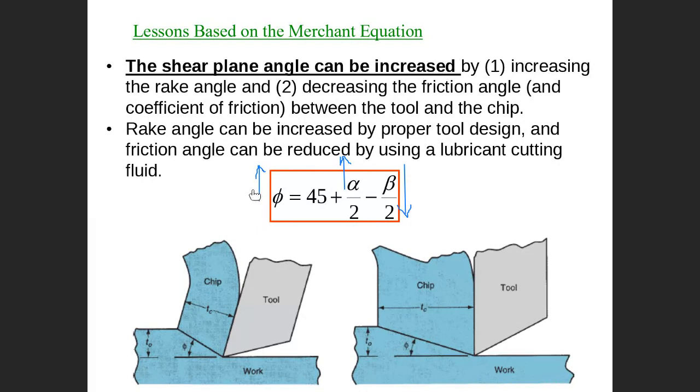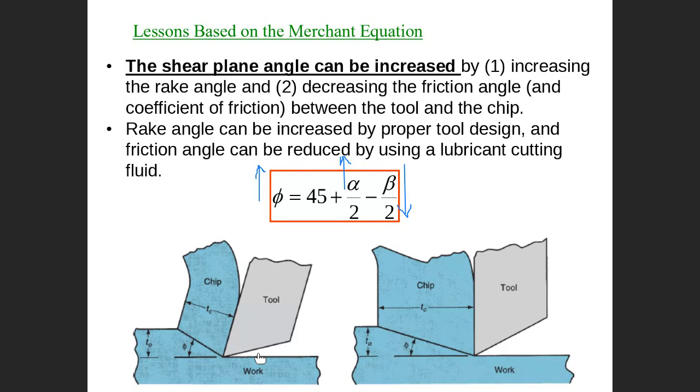So to increase the shear plane angle, you can either increase alpha or get a smaller beta. In both cases you increase phi, which is desired as we described. So temperature will be reduced, power and force will be reduced, and this is desired.